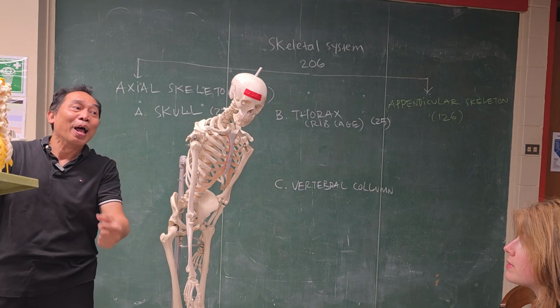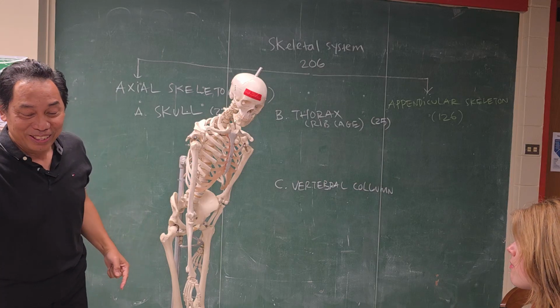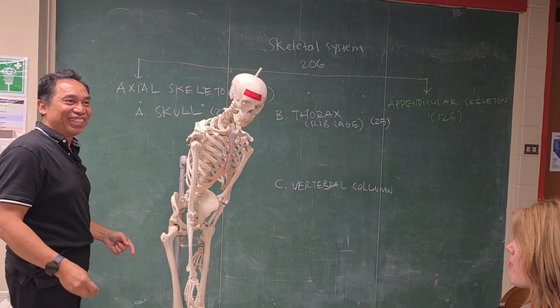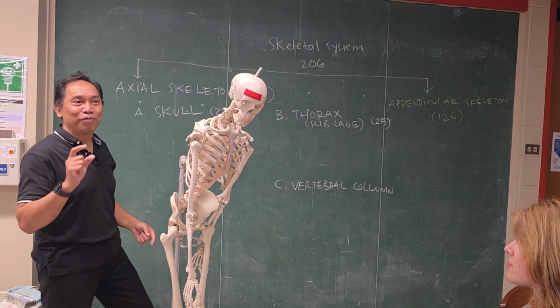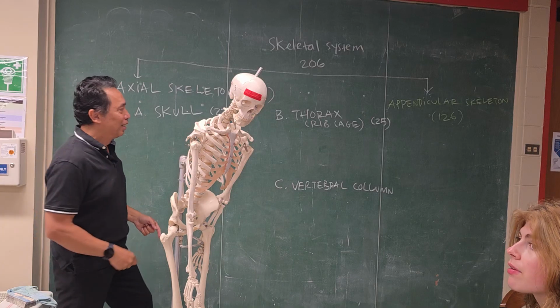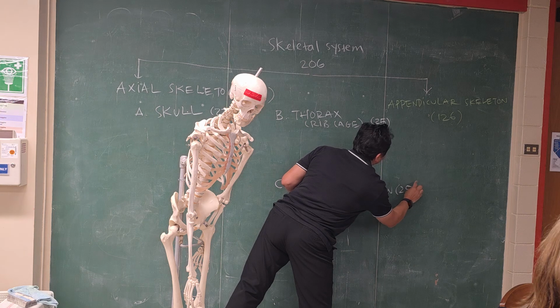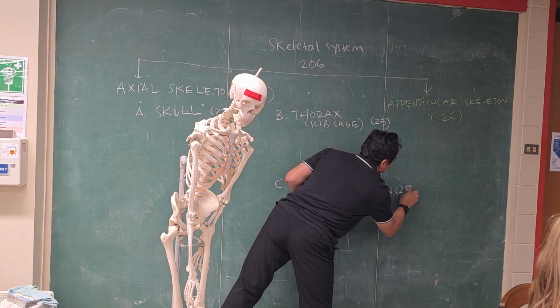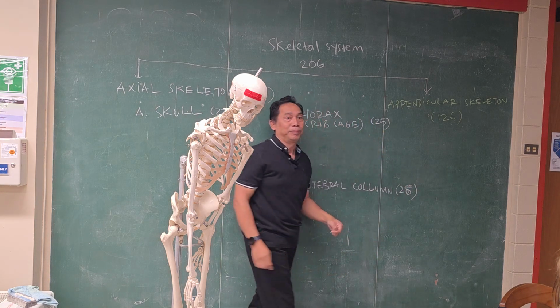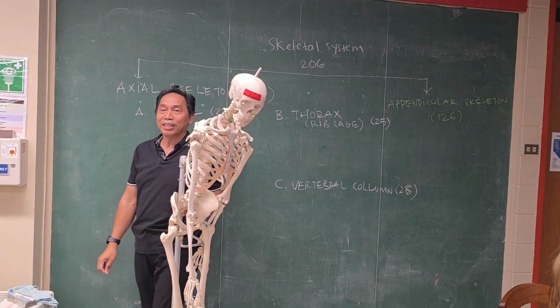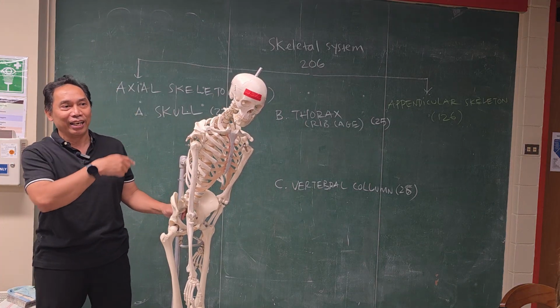So, how many total? Did you count it? 7 plus 12 plus 5 plus 1 plus 1. 20. Oh, sorry. 26. Yeah, 26 total.